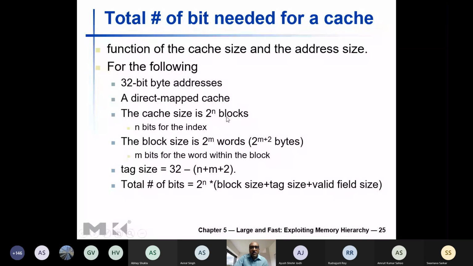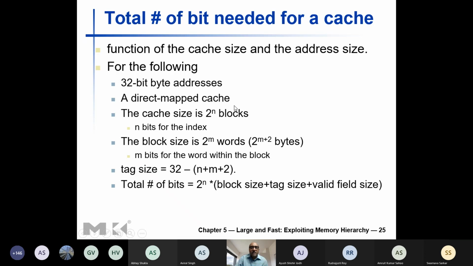These 2 power n blocks can be indexed by using n bits. And again, each block can be represented by m plus 2 bits, because the address provided by the CPU is the byte address. That means each byte is addressable.